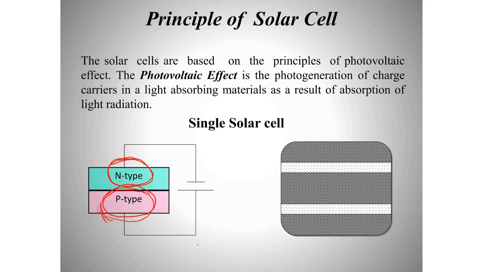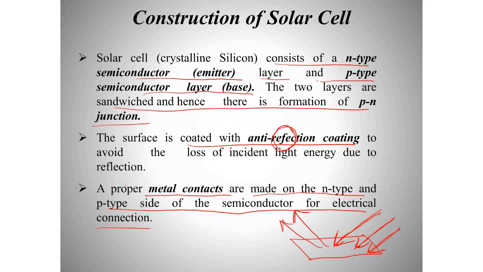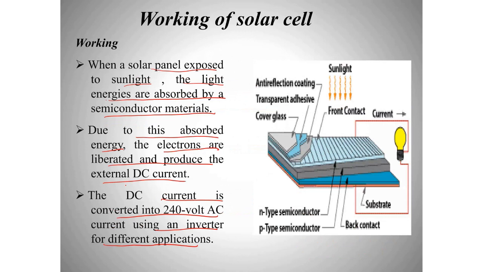That is, the positive type silicon will be the lower layer, and the upper layer will be n-type or negative type silicon. When the sunlight shines on the cell, photons, or light particles, bombard the upper surface, and then carry their energy down through the cell.